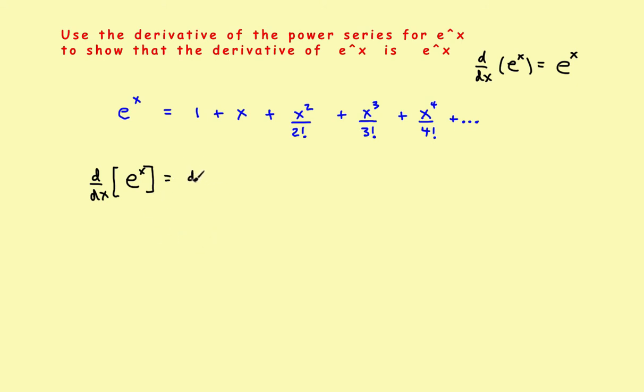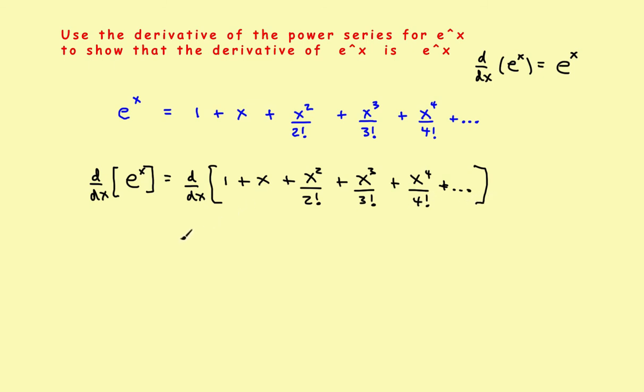So this is going to be the derivative with respect to x of, and you can just rewrite this series, 1 plus x squared divided by 2 factorial, x cubed divided by 3 factorial, and we'll put one more, x to the 4th divided by 4 factorial. And then it goes on forever.